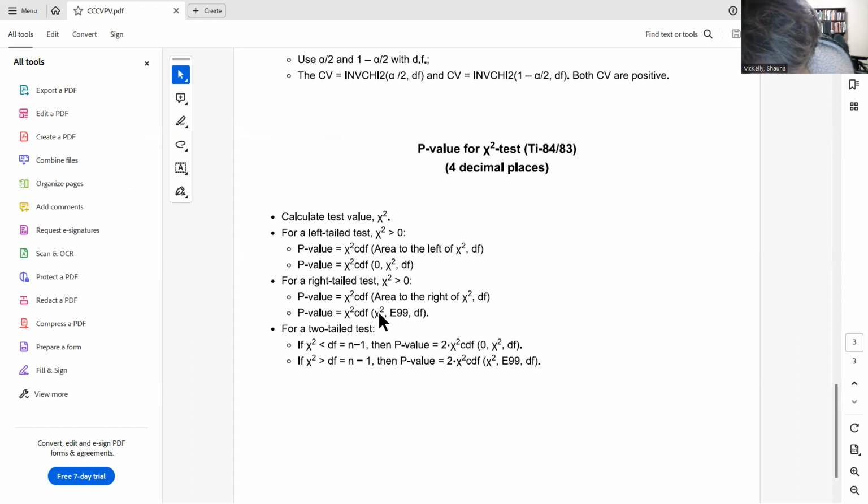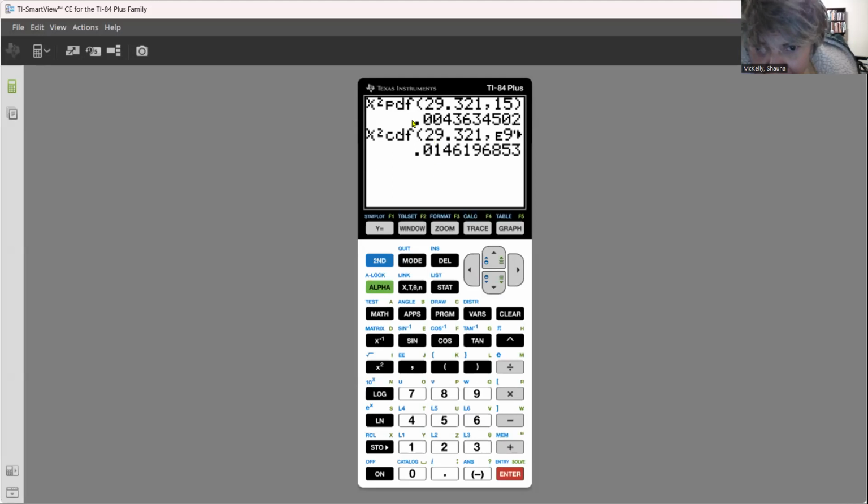So your chi-squared number, E99, df. When you put that in the calculator, it looks like this. Now, I have the PDF at the top just to show you the difference, okay? You want the one at the bottom.